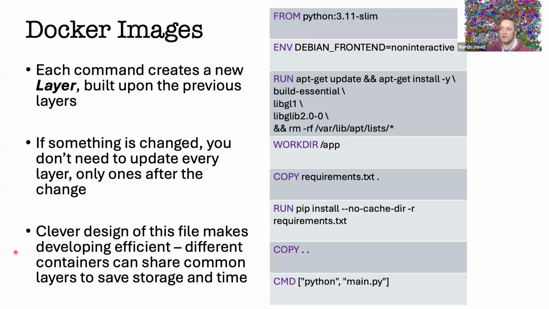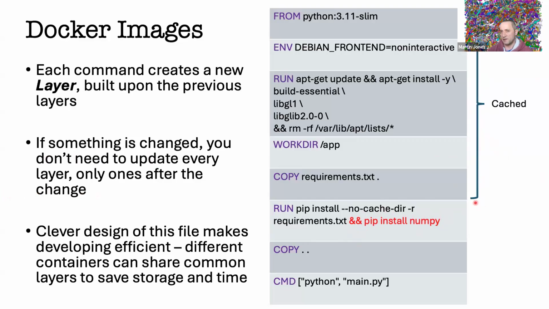So I said each command creates a new layer, building on the previous layers. So I can view this container image as a stack of different layers. The first layer is associated with this command, the next one with this command, and so on. If I change something, then I need to reprocess that layer. But if I change something here, because I realize I missed an important package to install, all of the things that I've already built into the image, I don't need to do again.